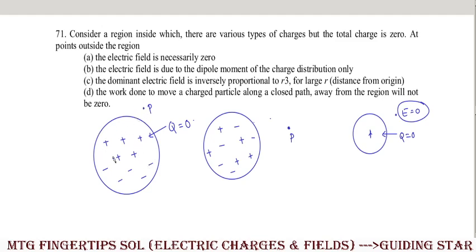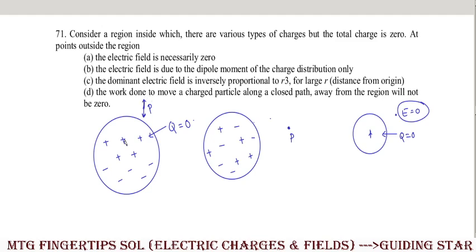That means these positive charges will dominate over here. That means electric field at point P due to the positive charges will be more as compared to the negative charge. Negative charges will attract, meaning field due to the negative charge will be towards the charge. Clear. So in this particular case electric field cannot be zero.